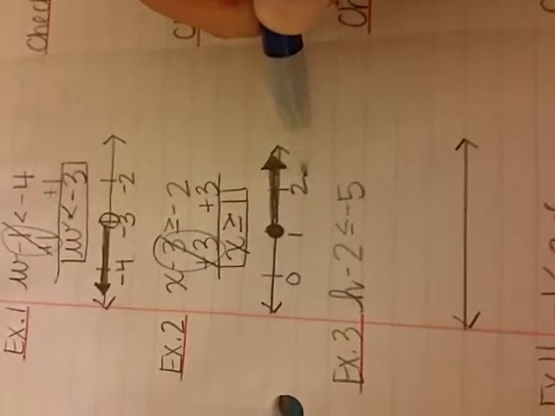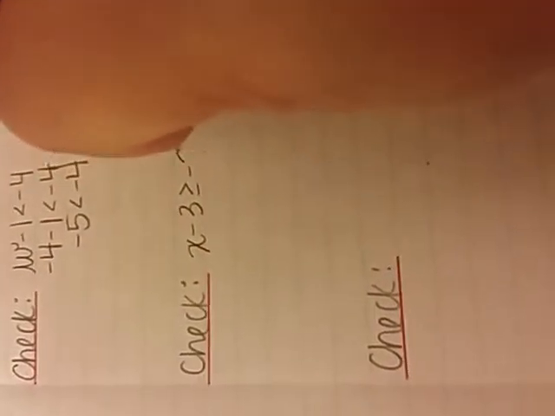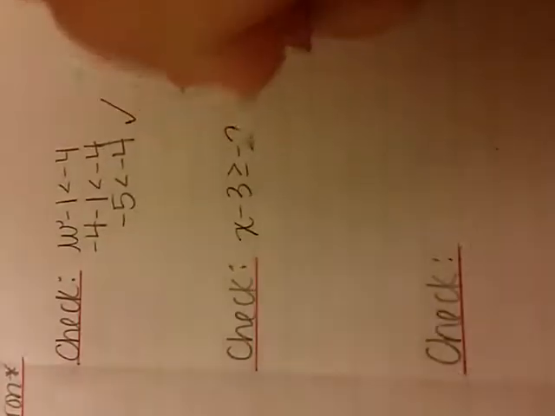Okay, I'm going to use this value right here, x is equal to 2, to substitute in for my check to see if my arrow and everything works out correctly. x minus 3 is greater than or equal to negative 2 is my original inequality. Substitute 2 in for x. 2 minus 3 is greater than or equal to negative 2. 2 minus 3 is negative 1.